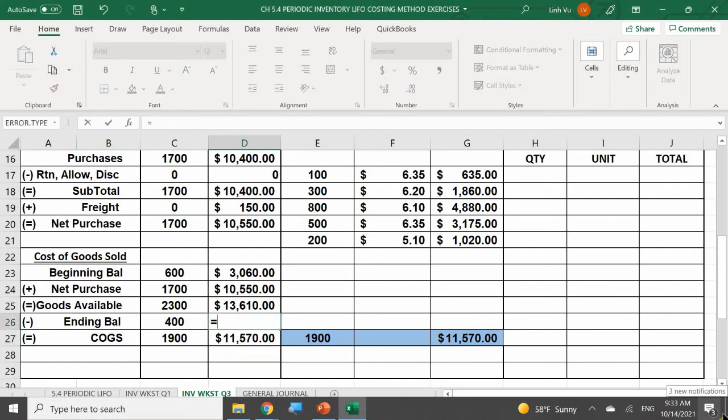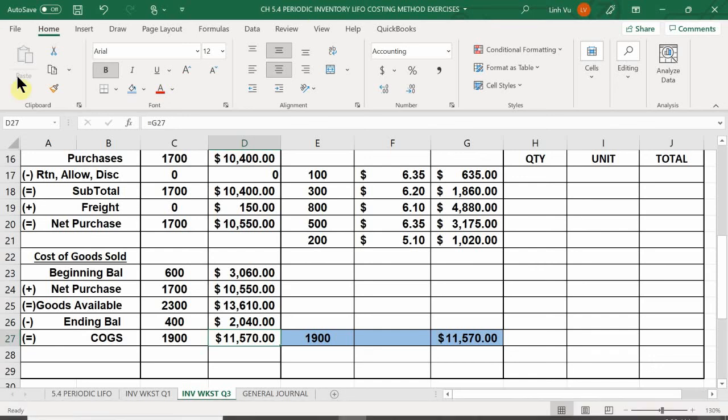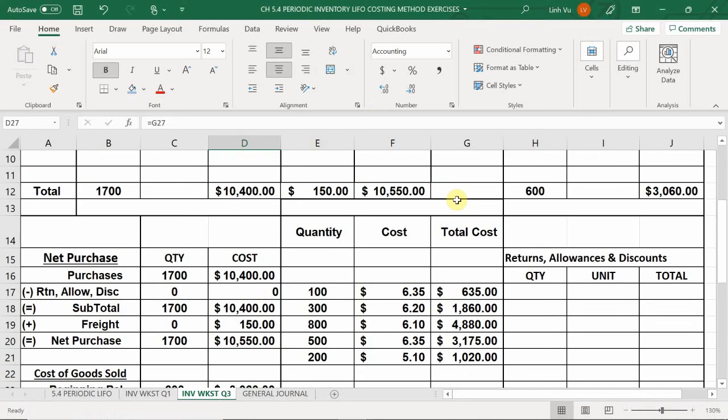And therefore, my ending balance is going to be 2,040. Okay, another 2,040. Okay, so that is how we use the costing method.